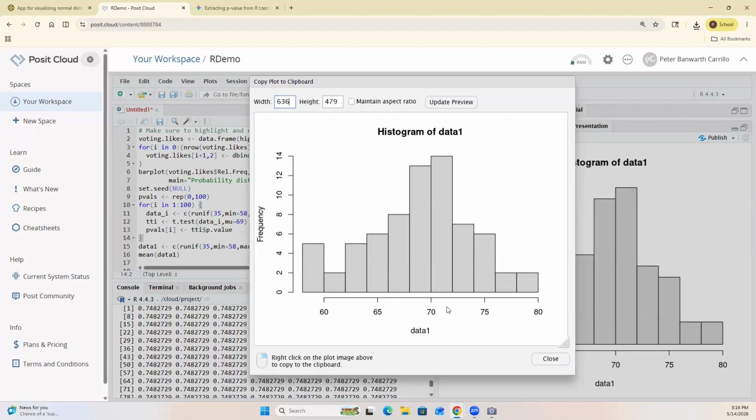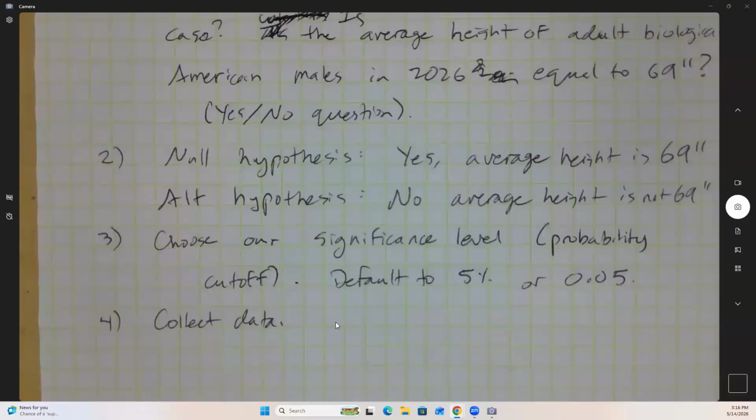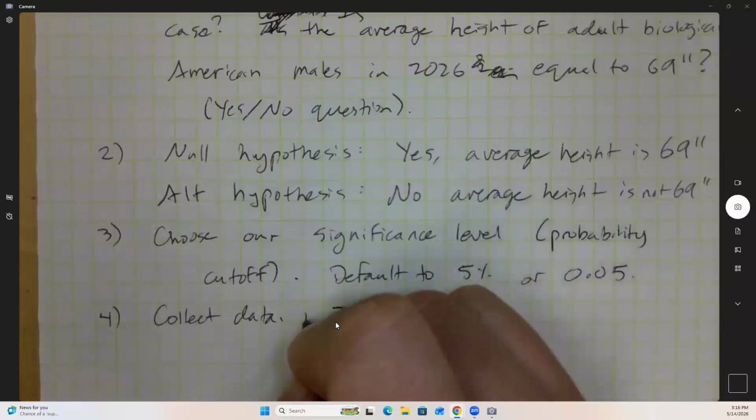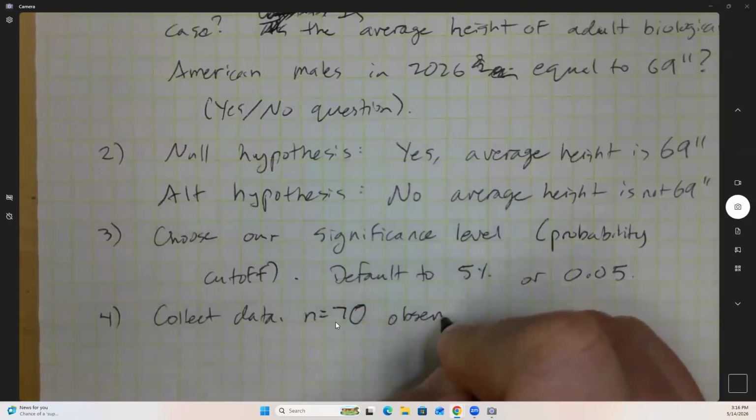It's not completely normal. I built it to not be exactly normal, but that's okay, because when we do these kind of statistics, we're using the central limit theorem. We're asking questions about means, not about individual observations. All right, so my data was n equals 70 observations.